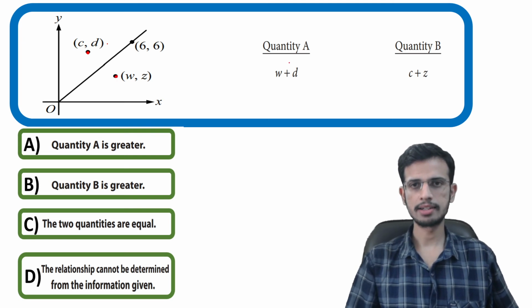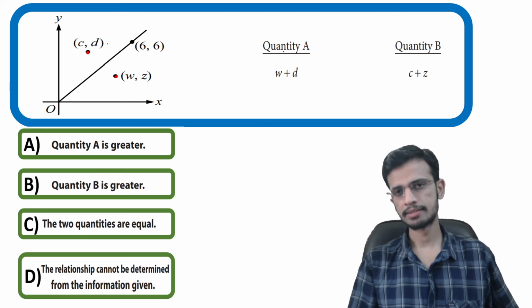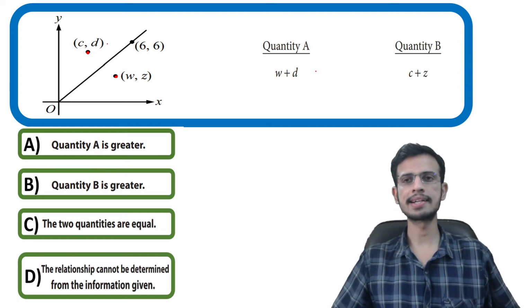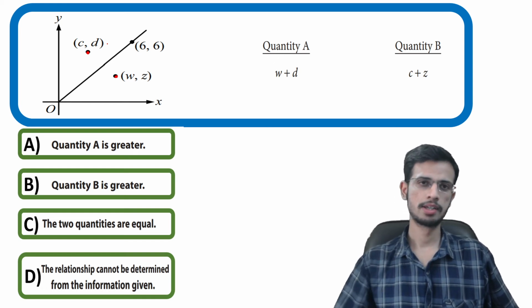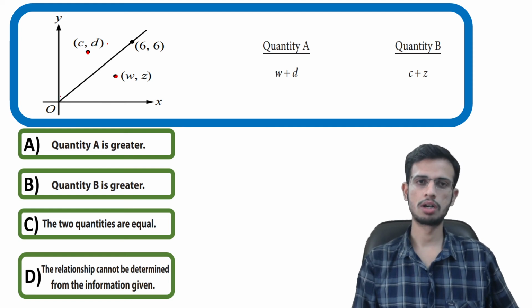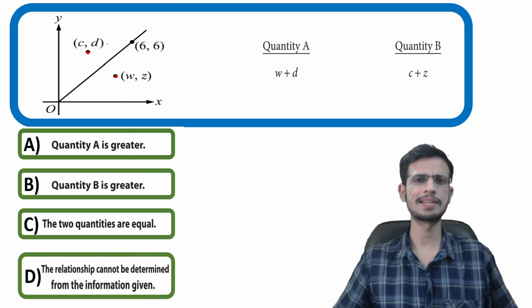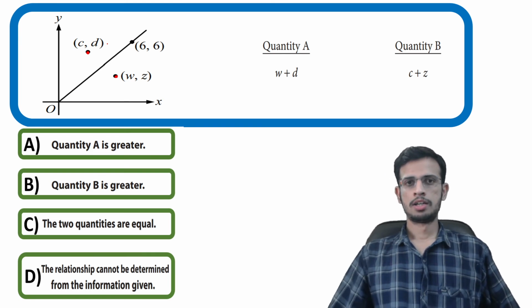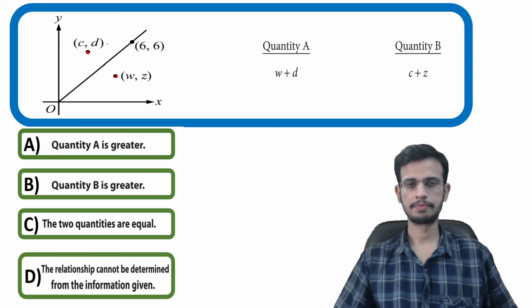Quantity A is W plus D. Quantity B is C plus Z. We don't know the exact values of W, C, Z and D. There is a line which makes a 45-degree angle with the x-axis, and the point is 6, 6. Sometimes we are given some information that won't help us.